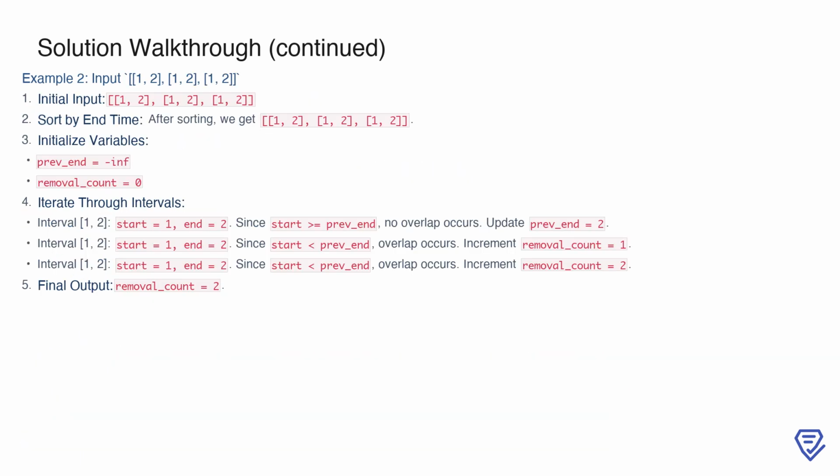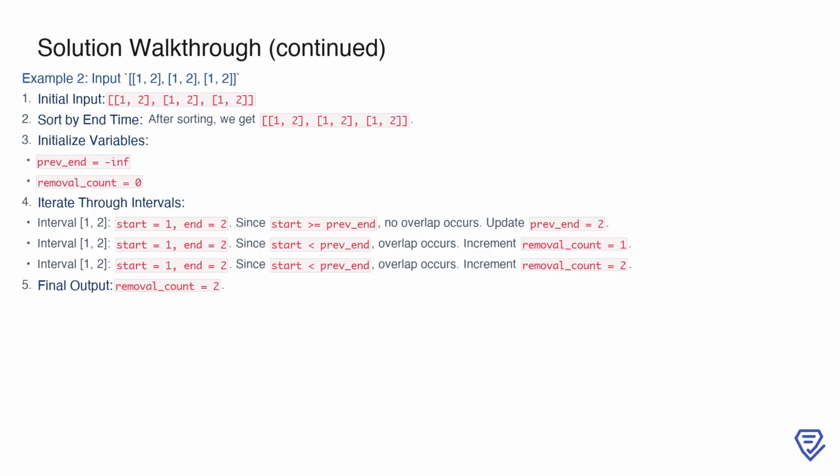Now, let's look at a second example, [1, 2], [1, 2], [1, 2]. Here, all intervals are identical, starting and ending at the same times. After sorting, the list remains the same. We initialize prev_end to -infinity and removal_count to 0.